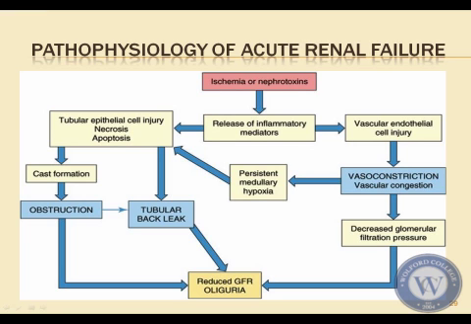Tubular back leakage also takes place because the cells don't hold together properly. The vascular endothelial cell injury causes vasoconstriction and vascular congestion, which causes persistent medullary hypoxia. It also leads to decreased glomerular filtration pressure, and eventually to an overall reduction in GFR and oliguria.